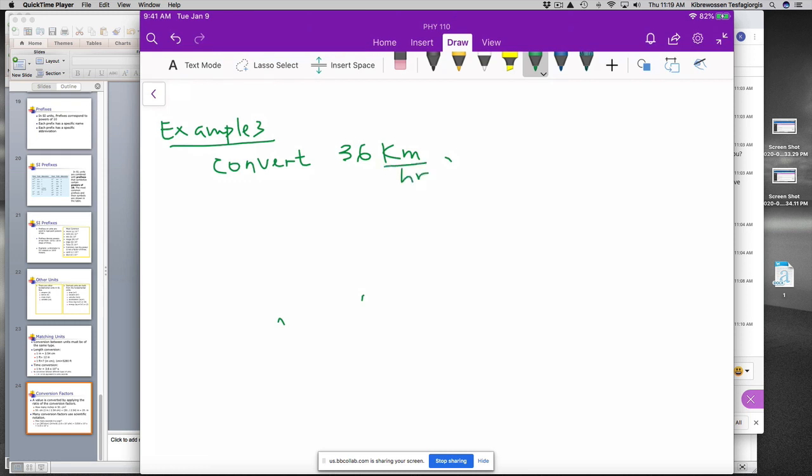That means per hour, in 1 hour. So now you have a combination of units. It's not only one. Into meter per second.